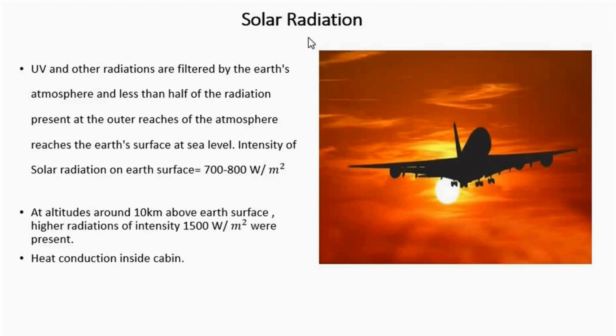The intensity of solar radiation falling on the Earth's surface is almost in the range of 700 to 800 watts per meter square, whereas at a higher altitude, over 10 km height over the Earth's surface in a troposphere region, the intensity of solar radiation is around 1500 watts per meter square. So we can assume that the average solar radiation intensity falling on the aircraft is around 1000 watts per meter square. So it will cause heat conduction inside the cabin.